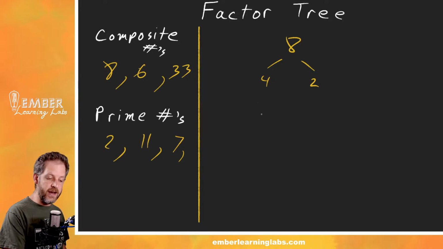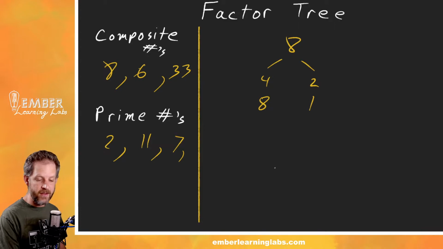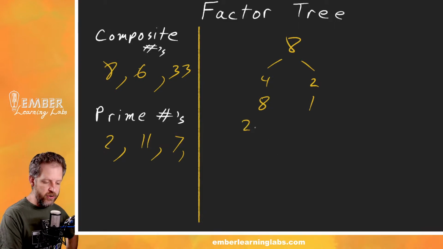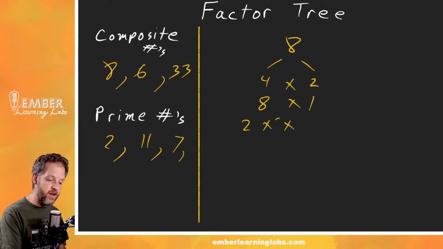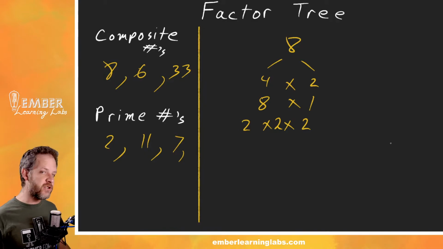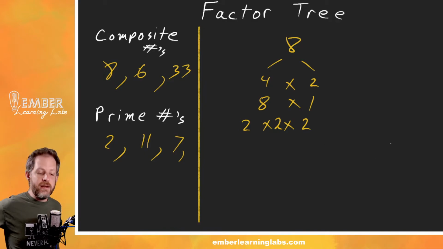Or we can split it up into 8 times 1, right? Or 2 times 2 times 2. Sorry, slow down. Those things are all factors of 8. 8 can be split into those things.